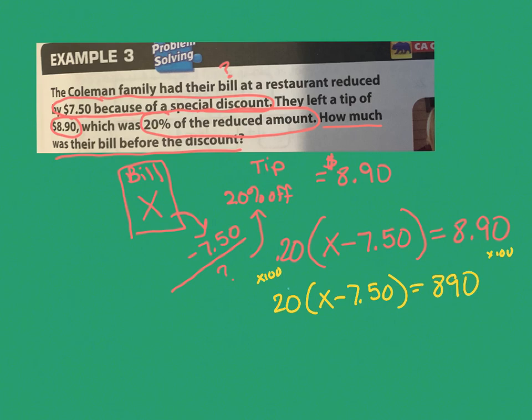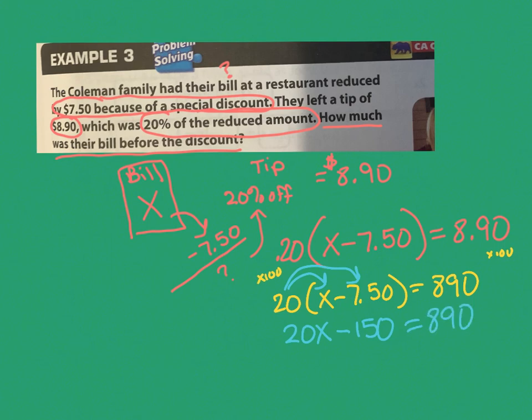Now I'll use my distributive property, 20x, and 20 times negative 750 is going to be negative 15,000, and then that didn't do anything.